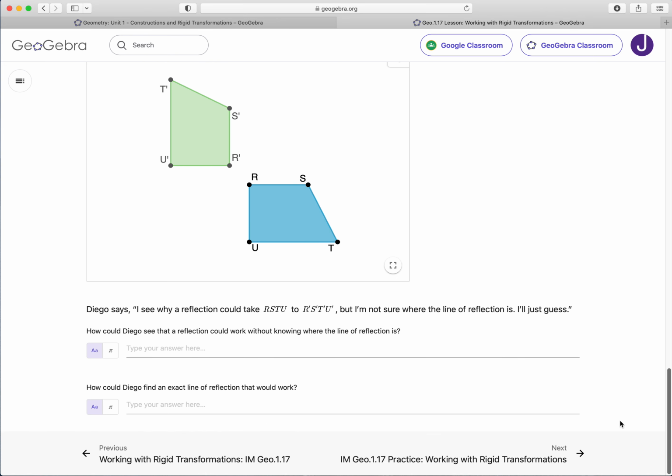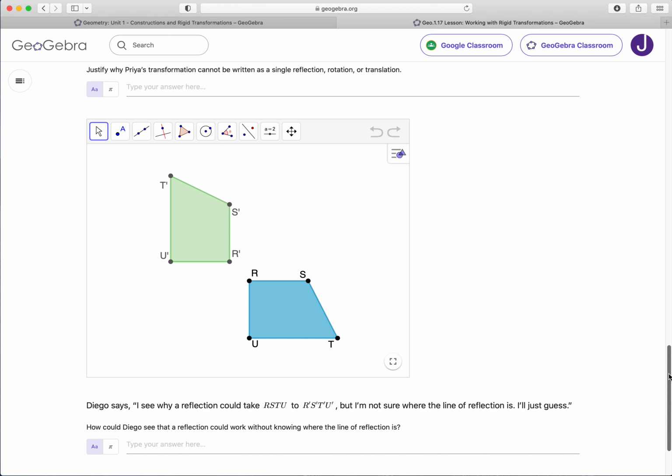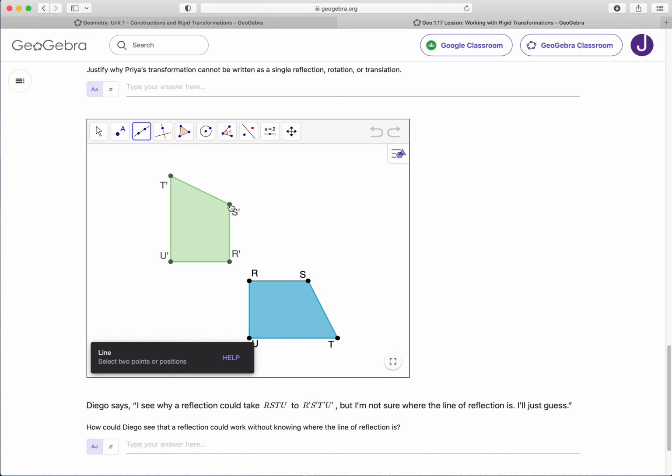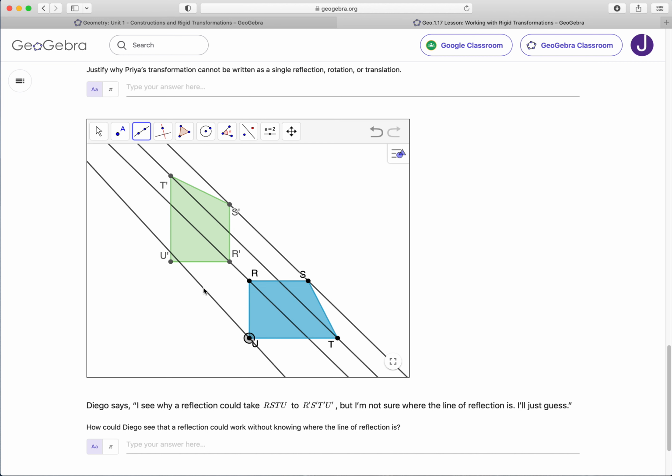So here we go. How could a reflection work here without knowing where that line of reflection is? How could he tell? Well, let's just draw some lines here from S to S prime, and from T to T prime, and from R to R prime, and from U to U prime. What do we notice about all these lines?